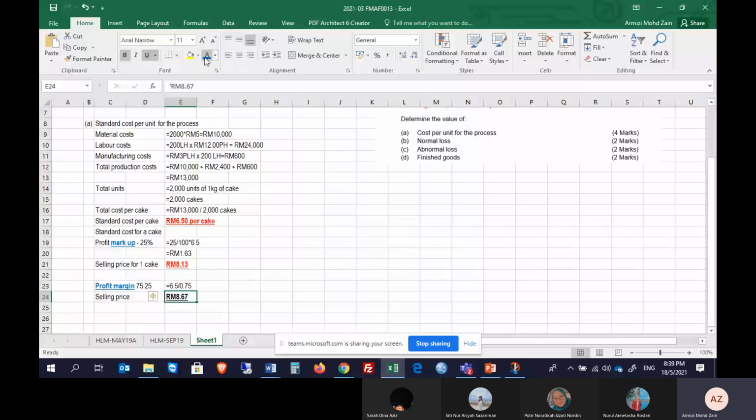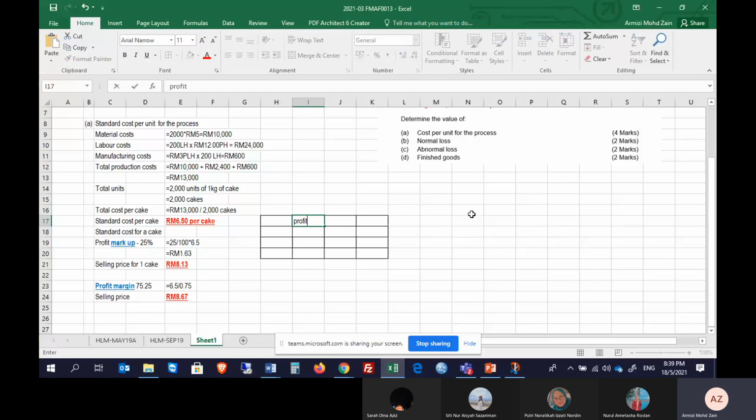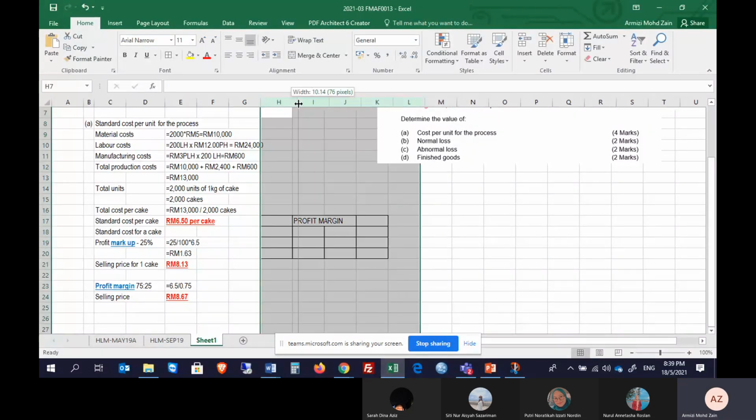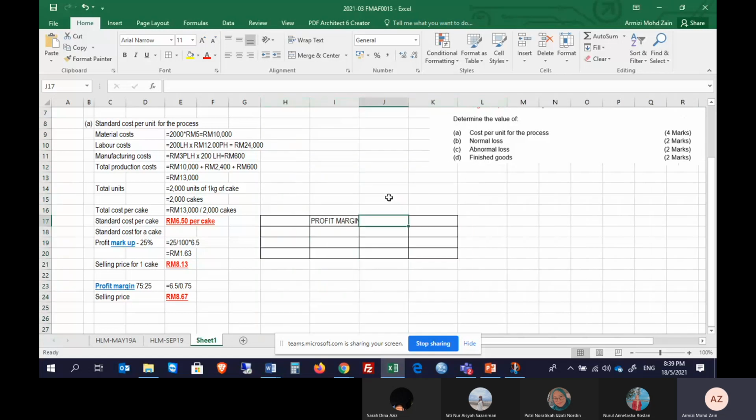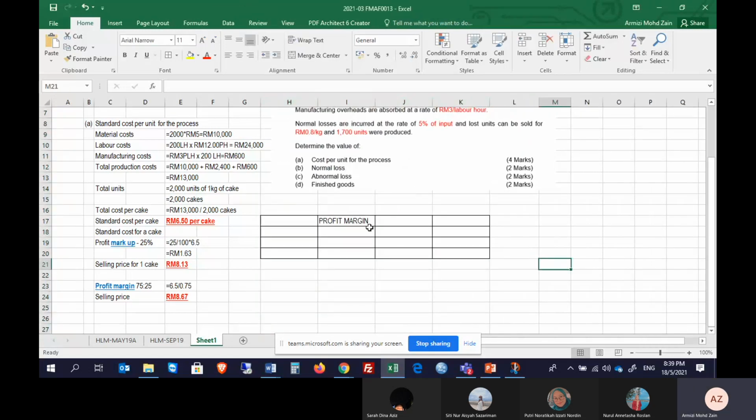Okay. Dalam kotak, dia punya comparison is profit margin, profit markup. Okay, jangan risau.